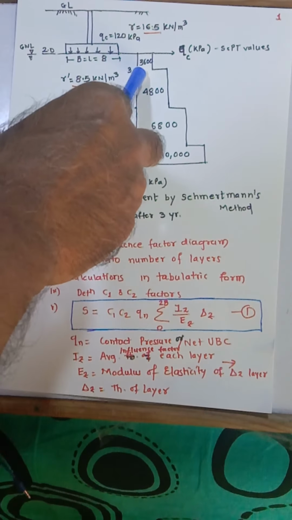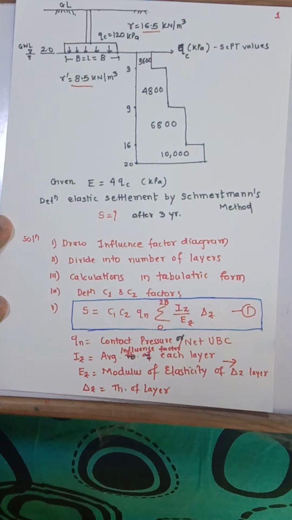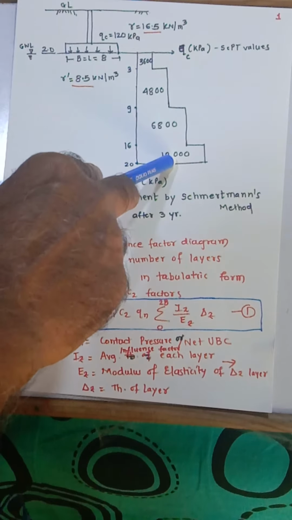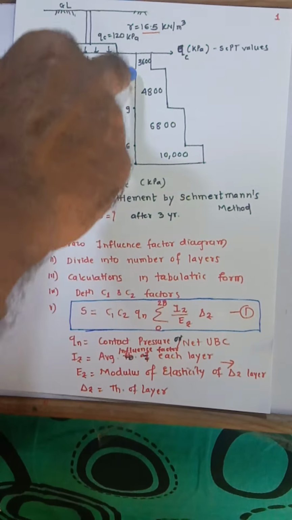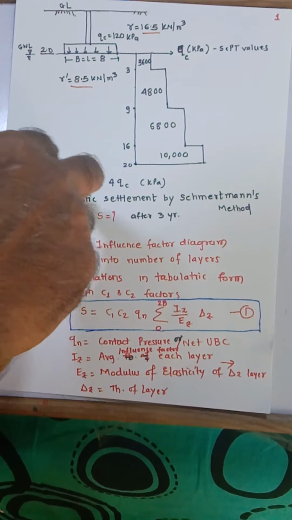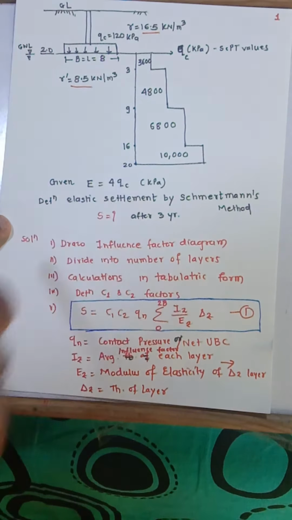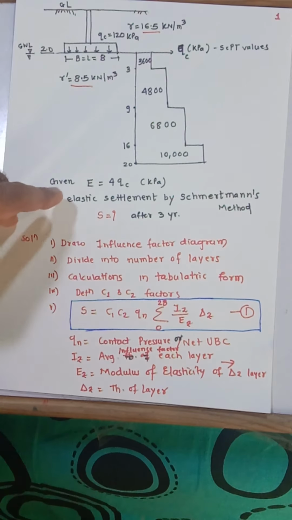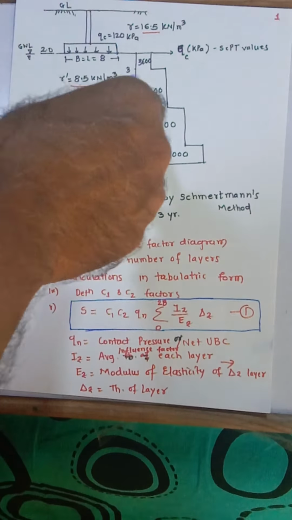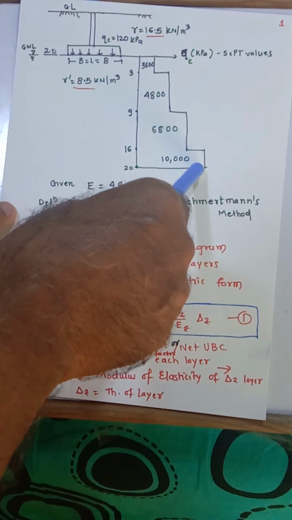So the qc value is 3600 kilopascal, and it varies up to 10,000. This shows that the strata densification increases, and therefore the E value also increases.